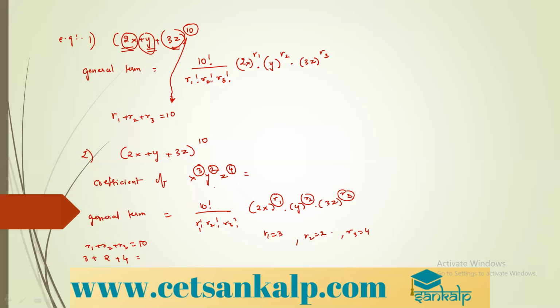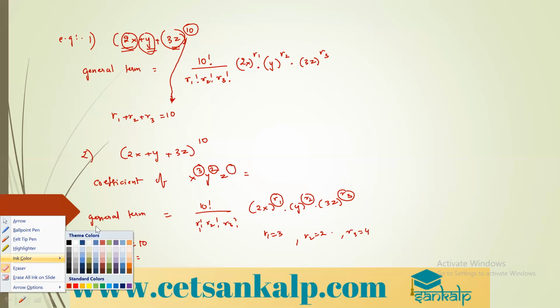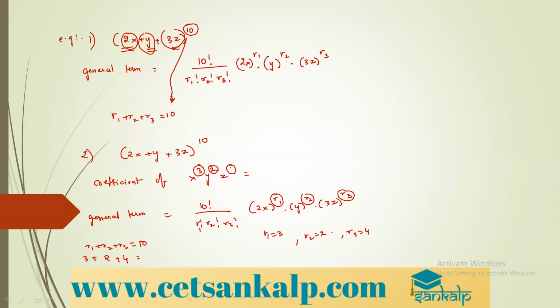Something else should be there because total 10 should be there. So you can't take this combination. So what we will do? We have to take z power 5. That means r3 will be 5. Now you see, when you put r3 as 5, you will have 3 plus 2 plus 5 equal to 10.